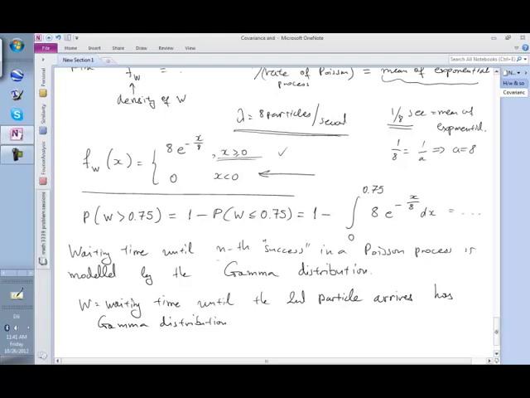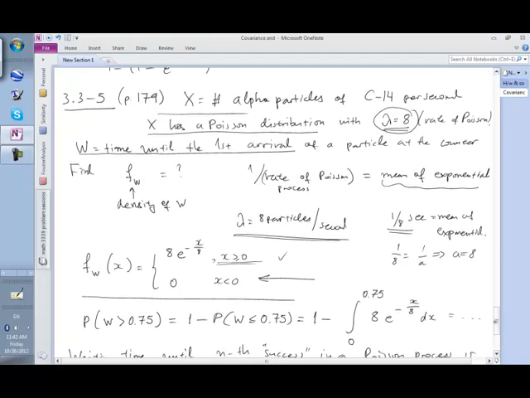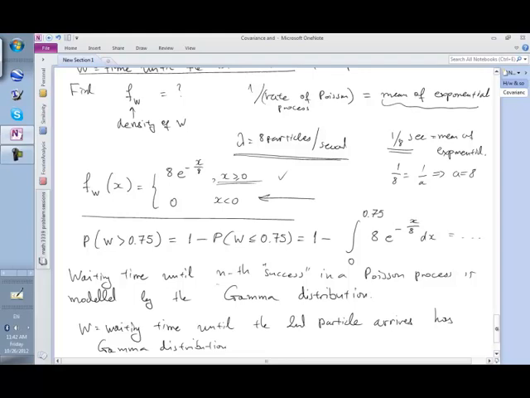Because the emission of particles has a Poisson distribution. Actually, the number of particles that arrive at the counter has a Poisson distribution, or Poisson process.